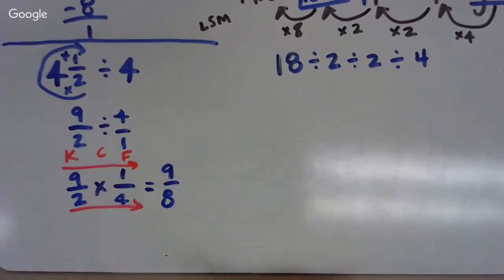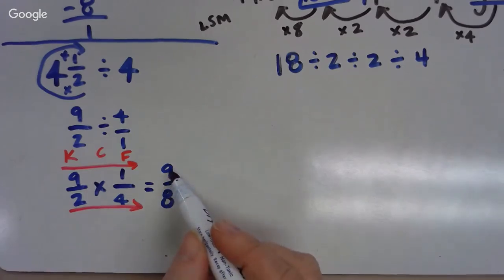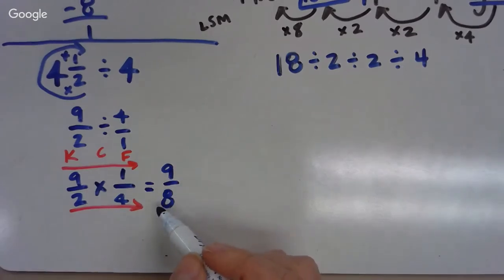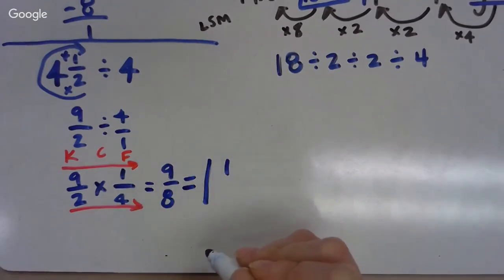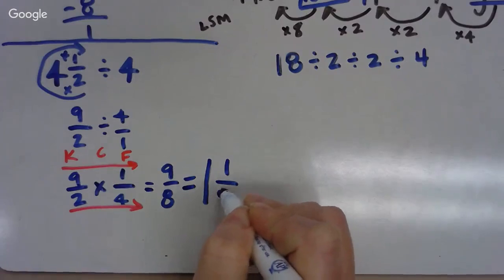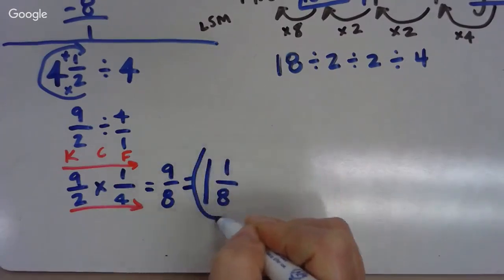Now, this is an improper fraction. An improper fraction has a numerator that's equal to or greater than the denominator. I know to turn this into a mixed number, I use division. 8 goes into 9 one time with 1 left over, and my denominator stays the same.